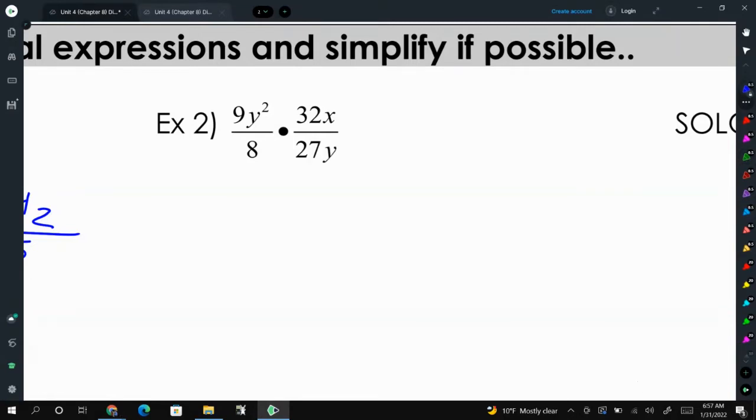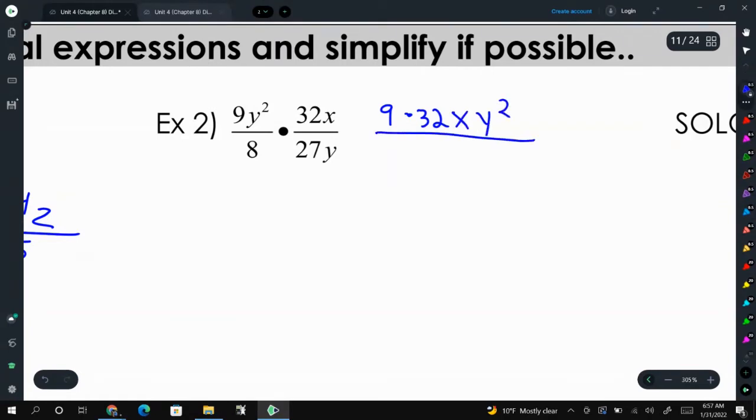Like I said, you could just multiply 9 and 32 and then 8 and 27, but I'm just showing you that what if we did this instead? So there's a numerator, and then the denominator. What if I rewrote it like this? And then said, oh, 9 over 27, that's 1/3.